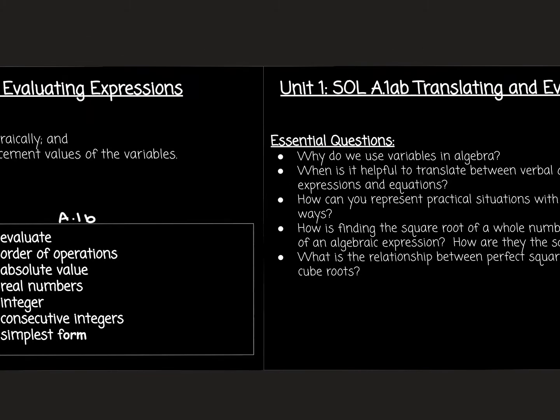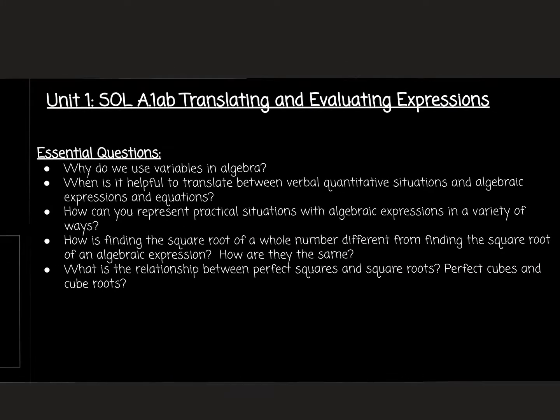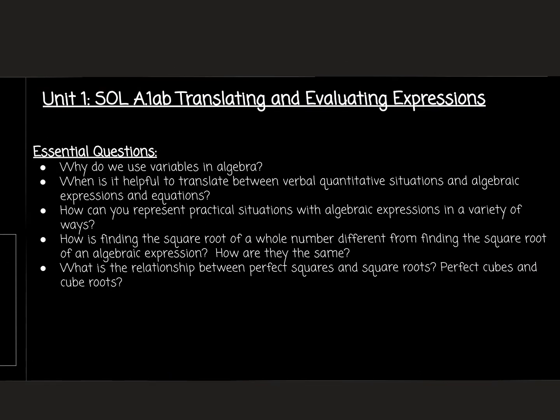All right, so looking at the next part, the essential questions for the overall SOL of A.1a and b. Why do we use variables in algebra? That is going to go with A.1a. When is it helpful to translate between verbal quantitative situations and algebraic expressions and equations?